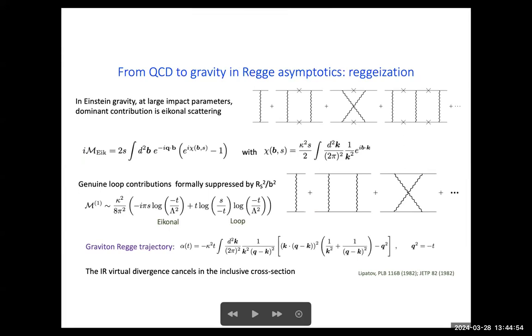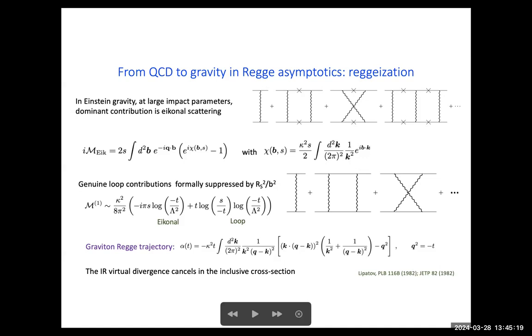But now, what about genuine loop contributions? Right? So in the quantum theory, I can compute quantum corrections. So what if I didn't put eikonal propagators and allowed these things to be fully off shell? And you can compute that. So this is the 1 loop amplitude. And it has a term which is proportional to the energy squared, S, and it's the log.